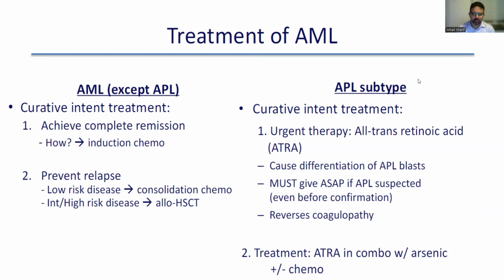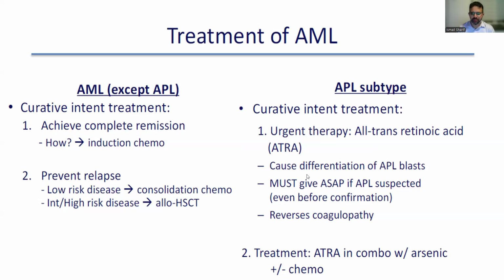Now, patients with APL are treated definitely differently. The most important thing is all-trans retinoic acid. The sooner you start, the more likely you save those patients from bleeding. The one thing you need to remember and be careful of is the differentiation syndrome of APL, okay?